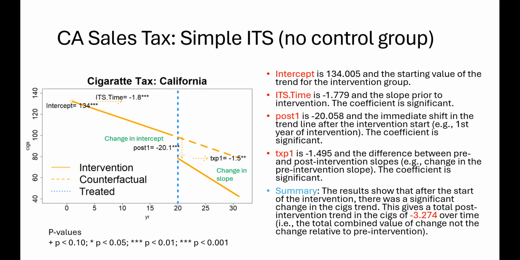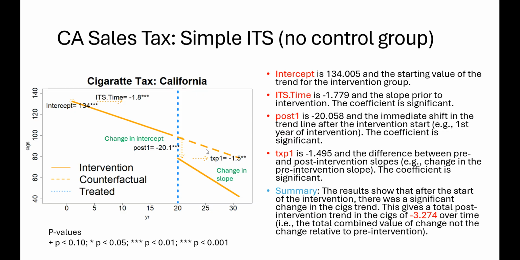And if we go to post 1, we see that's the change in the intercept. Post 1 is negative 20.1, the immediate shift in the trend line after the intervention start, for example, the first year of the intervention. The coefficient is significant, and we look at the significance, see those 3 asterisks. So we know there's a very low chance of being wrong in our interpretation of that.